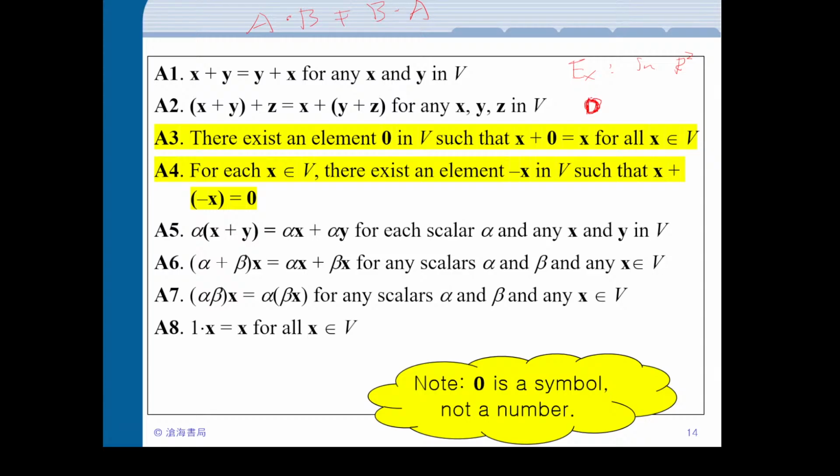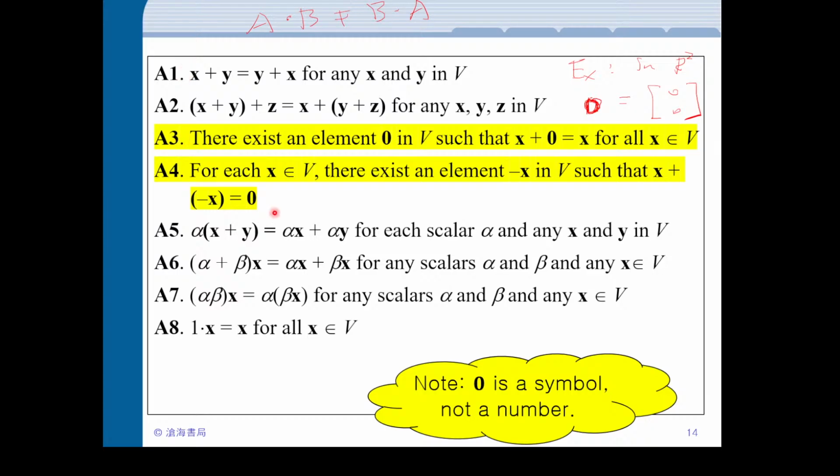So anyway, in R2, the bold-face 0 equals this 0, 0 vector. Okay, so it's a vector of 2 dimensions, just with both coefficients being 0. Okay, and so that is the bold-face 0, and there is a minus x. Yeah, so those are the rules with addition.